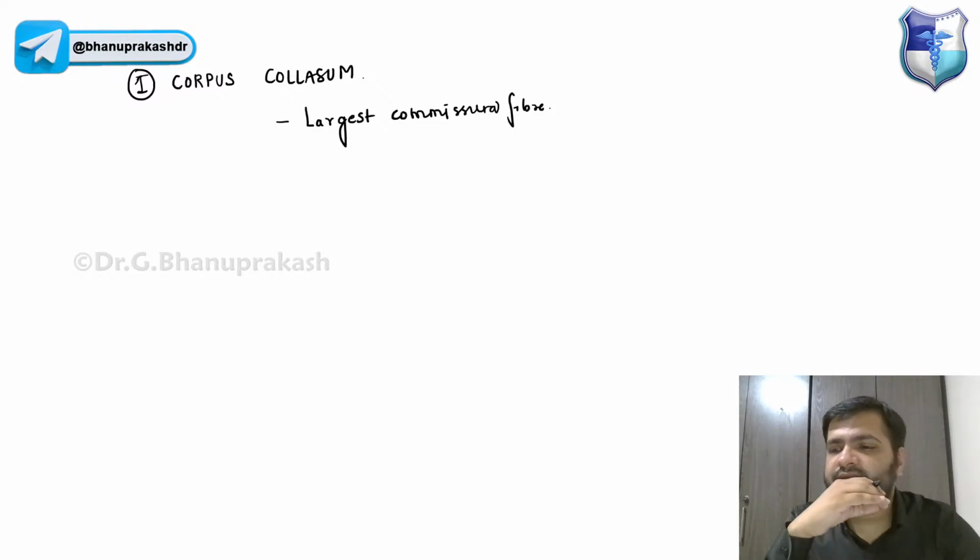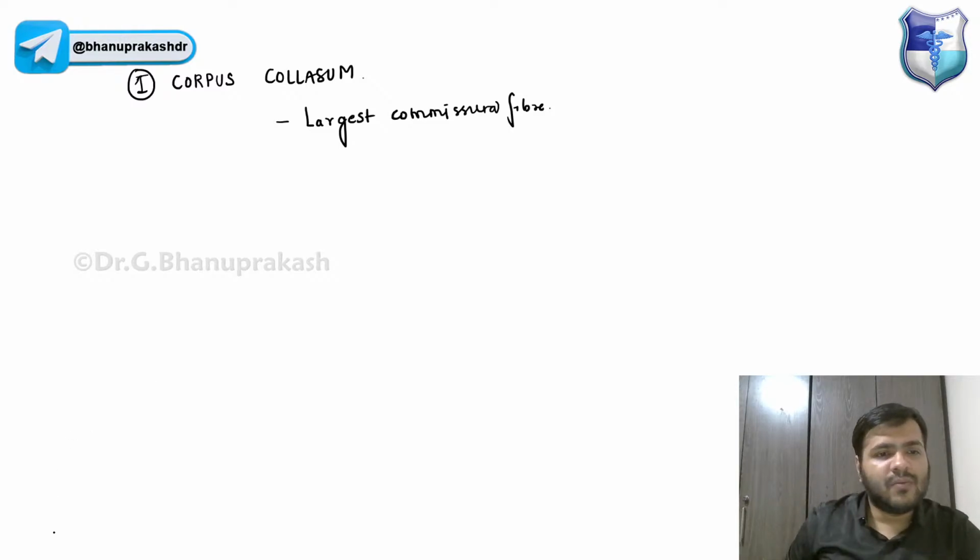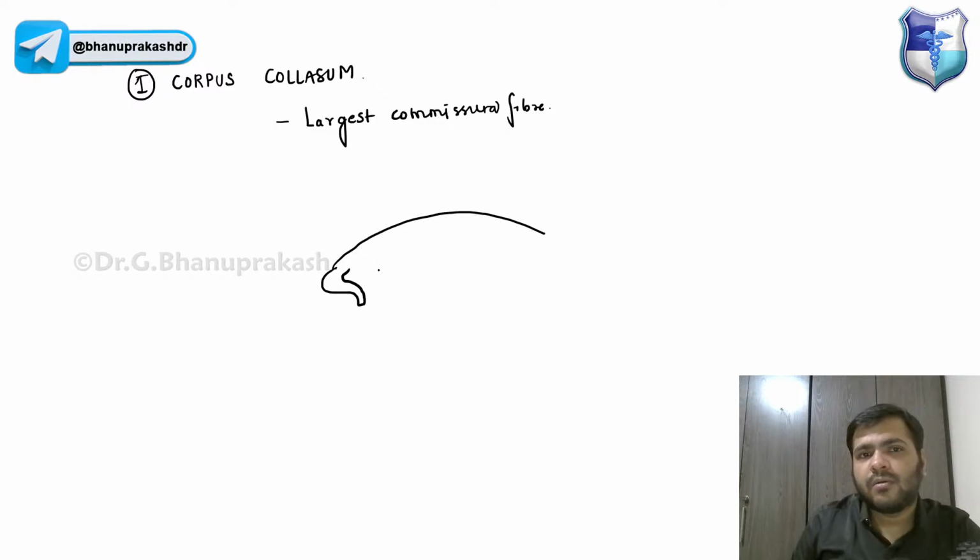Now, guys, let us see what this corpus callosum is. We have already discussed the parts over here. This part is called the rostrum. This is called the genu.